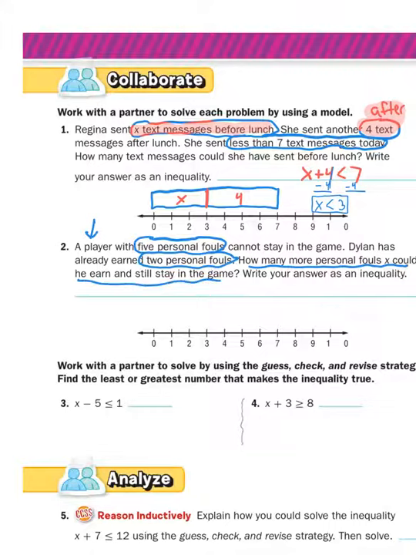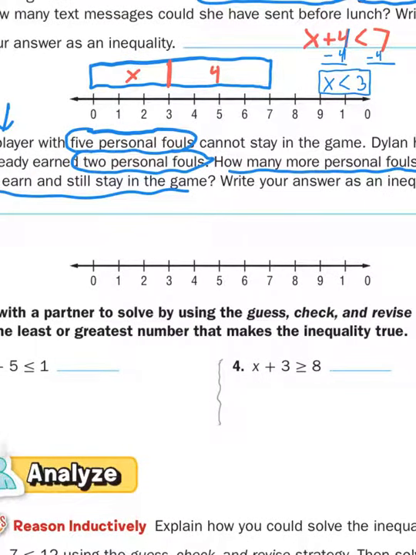All right, so let's think of that here. We're going to go down to our bar and draw it. Okay, you ready? So first thing, to be in a game, you have to have less than 5 personal fouls. So we're going to draw a bar all the way up to the 5 here. So that whole bar represents the fouls that you could have. It has to be less than 5 to stay in the game.